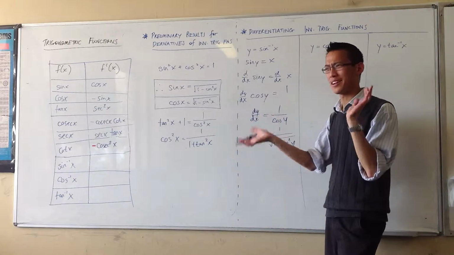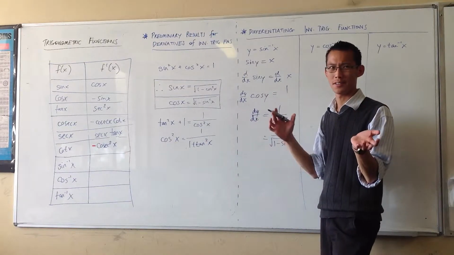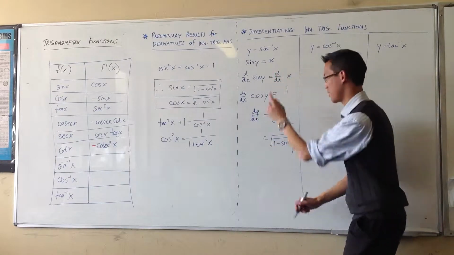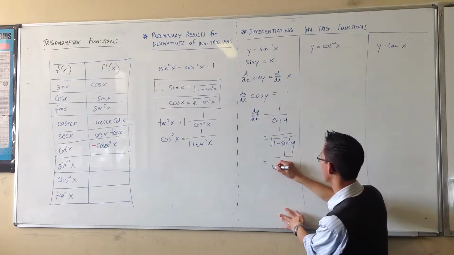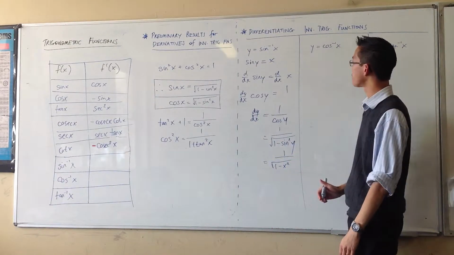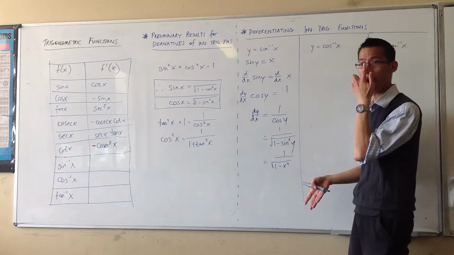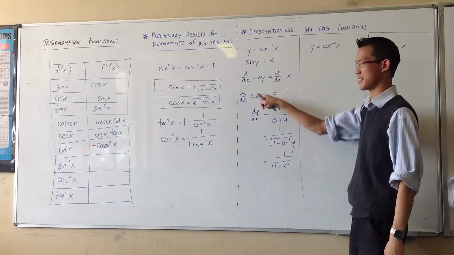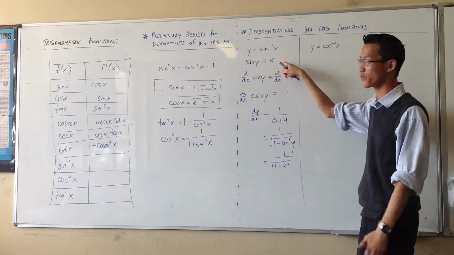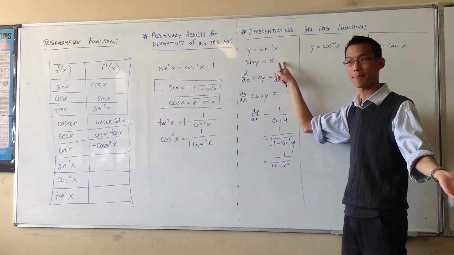Always tricky with your variables, which ones you've got, so be careful with implicit. Sine y is just x, right? So that's why on the bottom here I've got the square root of 1 minus x squared. Okay? So that's the general pattern of how it works. You can actually see the implicit bit doesn't hang around for very long. The rest of this is exactly the same as if you'd gone from here and taken dx on dy.